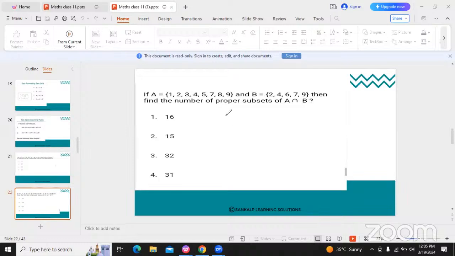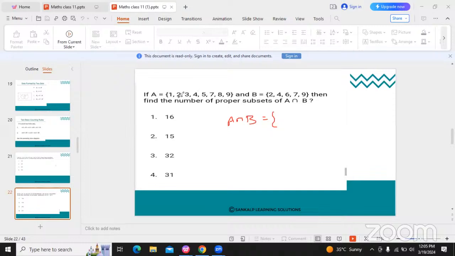Proper subset in the sense what? It is nothing but A intersection B. Calculate it fast and tell me the answer. It requires the cardinality. So, in both the sets, what are the common elements?